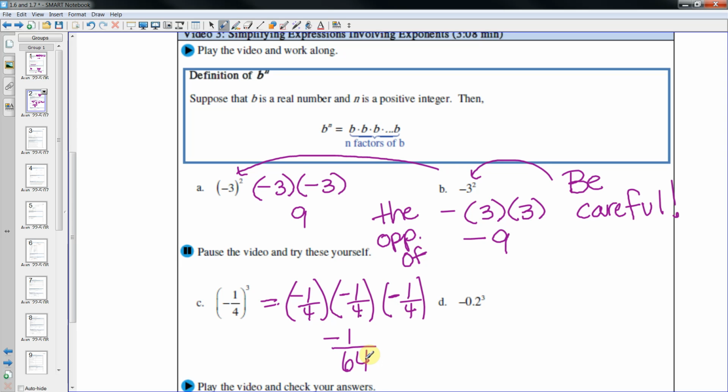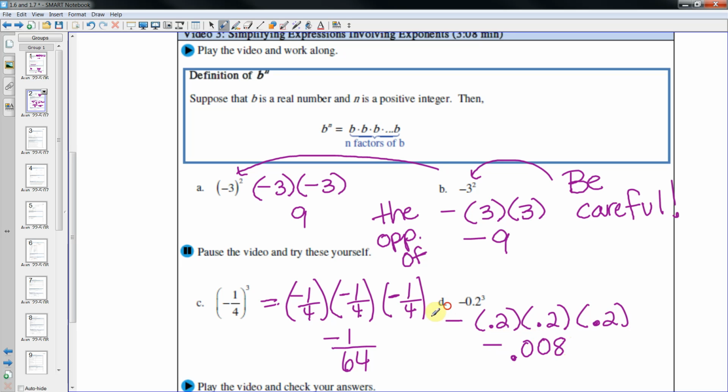Totally different from the next one, because the next one does not have parentheses with that negative. So I do not take the negative with me when I'm working this out. This is going to be the opposite of 0.2 times 0.2 times 0.2. Well, when I multiply those 0.2s, I get a 0.008.